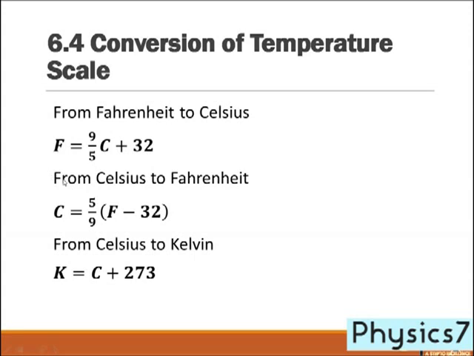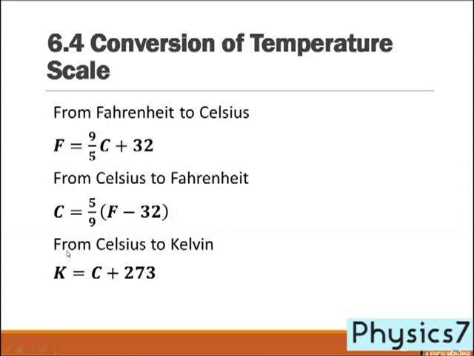And if we wanted to determine the temperature in Celsius, and we know the temperature in Fahrenheit, we can say that the temperature in Celsius is equal to 5 over 9 multiplied by, and we have a bracket, the temperature in Fahrenheit minus 32, close bracket.